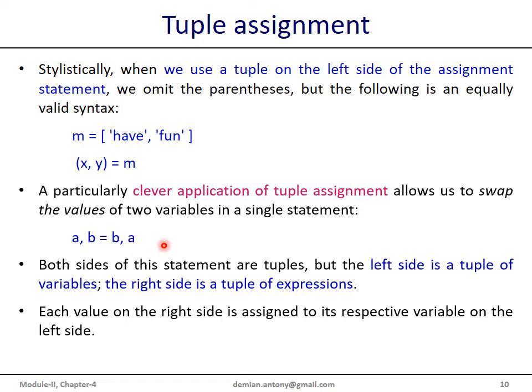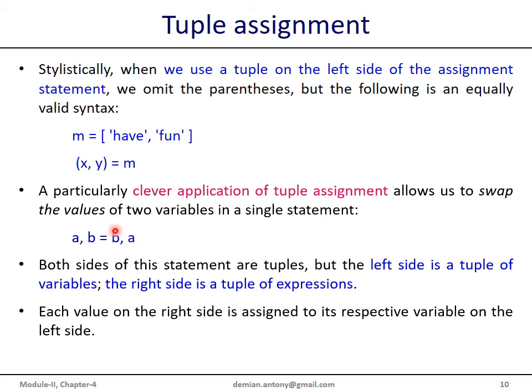How does the tuple of variables get the value of the tuple of expressions? You know, the expressions are evaluated before the assignment, and the associativity is from left to right.